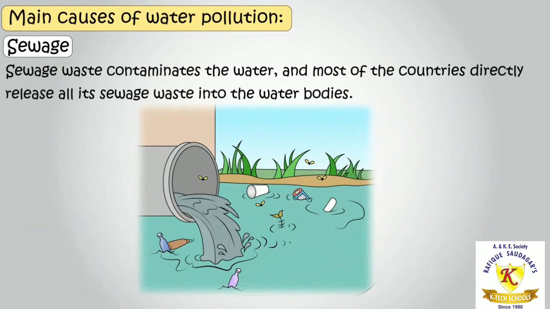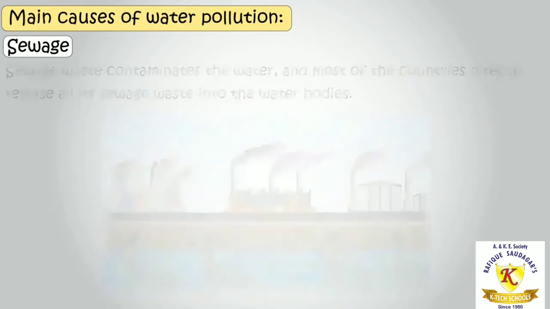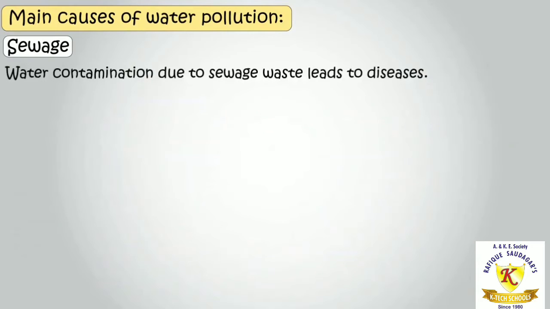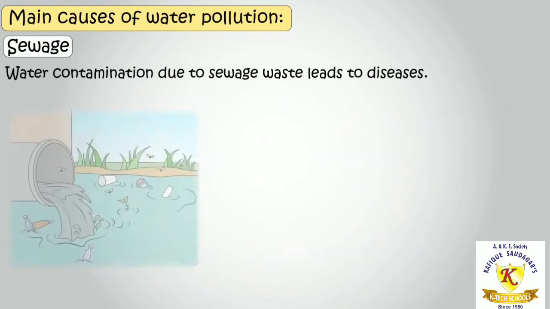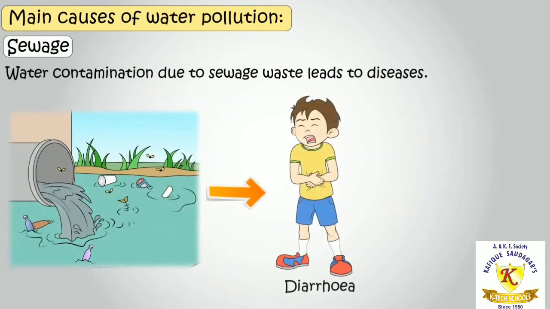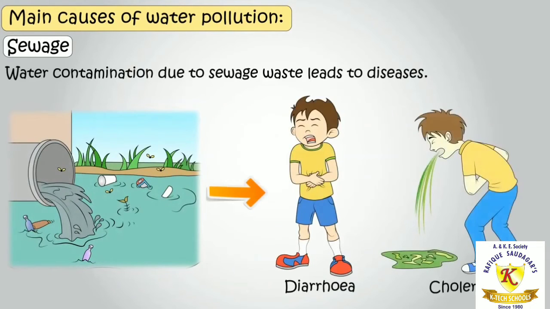Sewage waste contaminates the water, and most countries directly release all their sewage waste into the water bodies. Water contamination due to sewage waste leads to diseases like diarrhea and cholera.